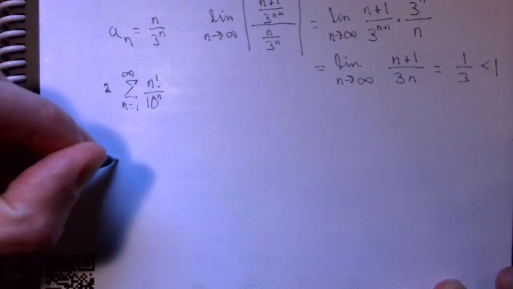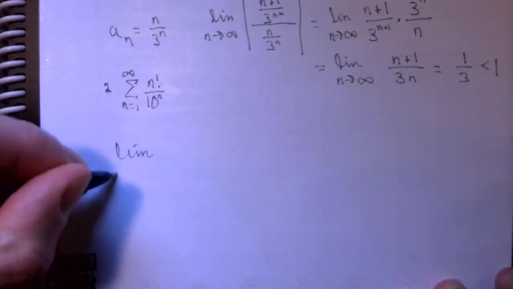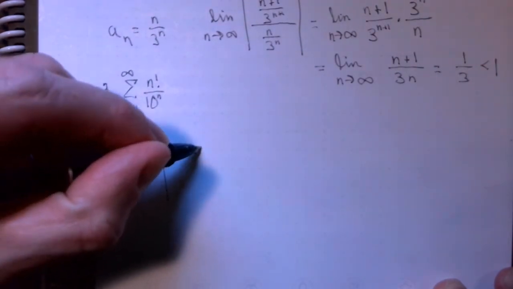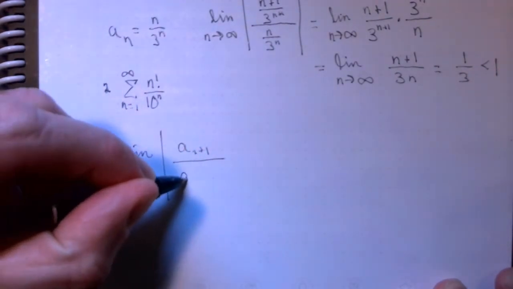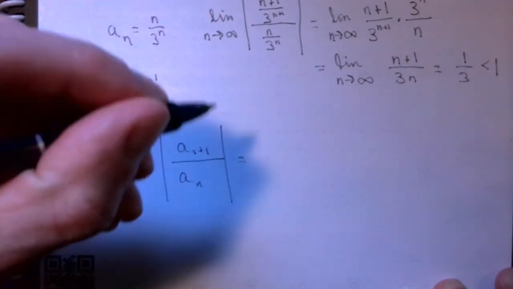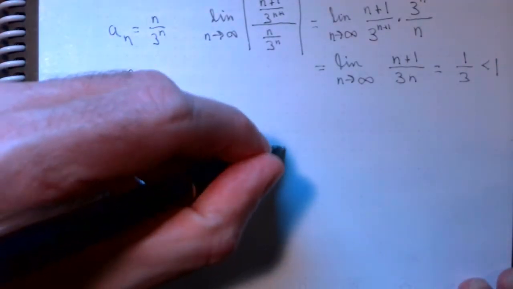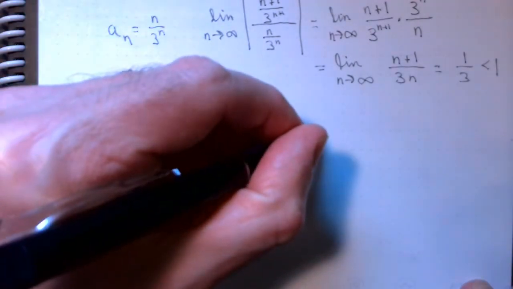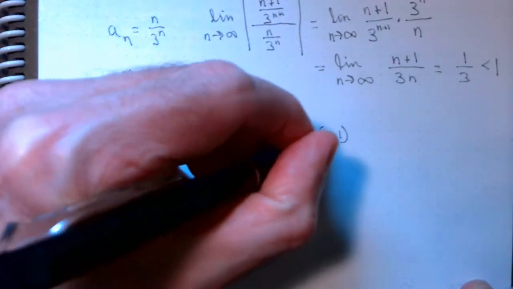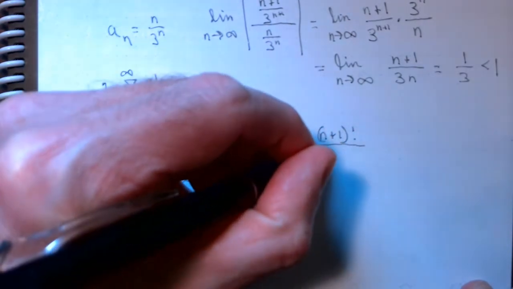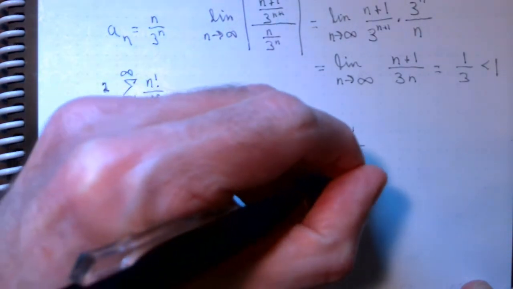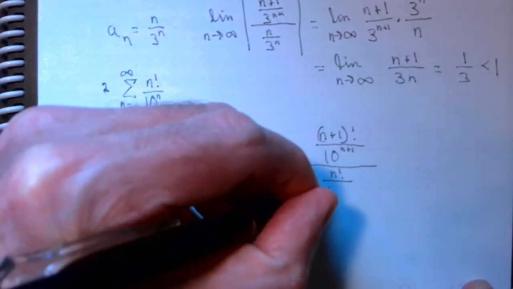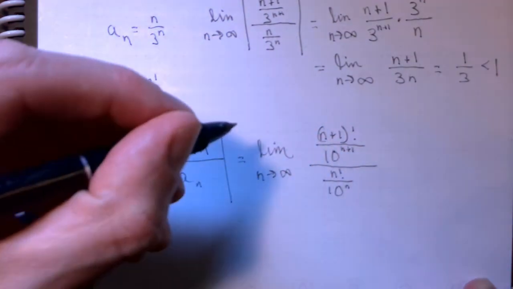So we're looking at the limit as n goes to infinity of the absolute value of a sub n plus 1 over a sub n, which is equal to the limit as n goes to infinity of n plus 1 factorial over 10 to the n plus 1, divided by n factorial over 10 to the n.